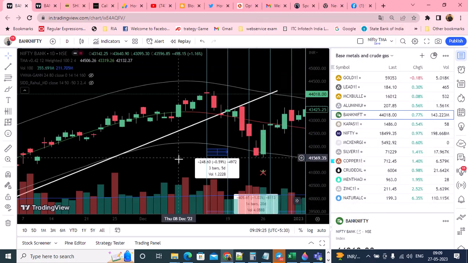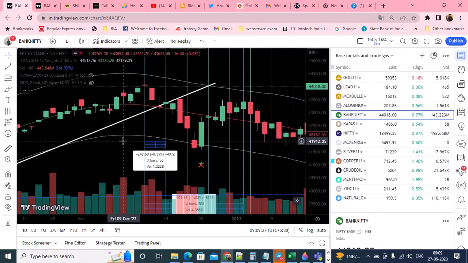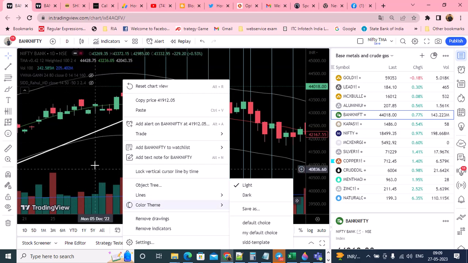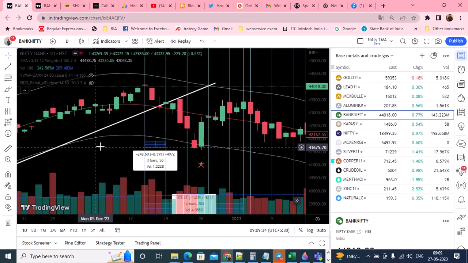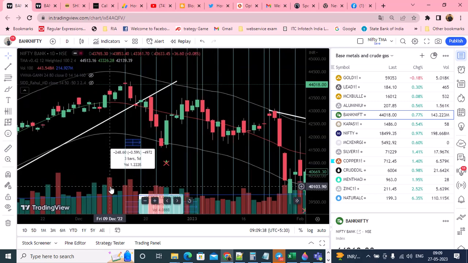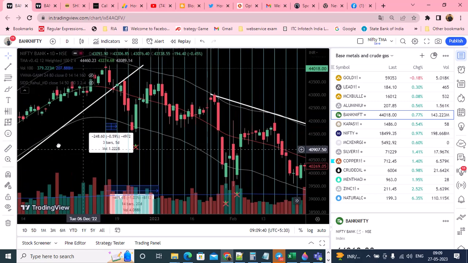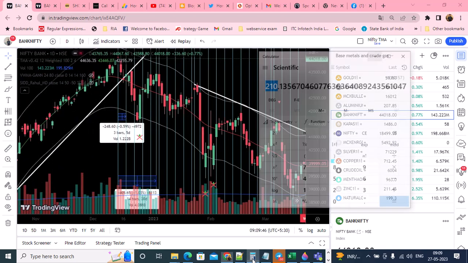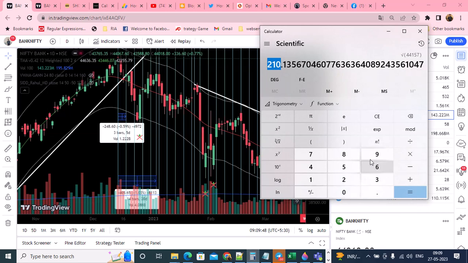I remove everything so that you can get an idea. Or what you can do, you can draw that 210 days of cycle. After 210 days of the cycle, it will start moving in a different direction. This is the Gann formula. But what I did exactly is divide this by 2, because I am using the smallest cycle.